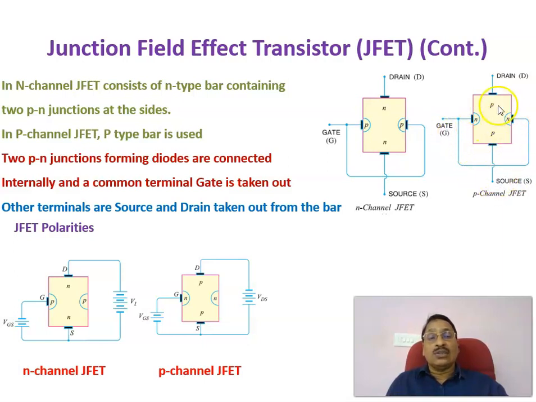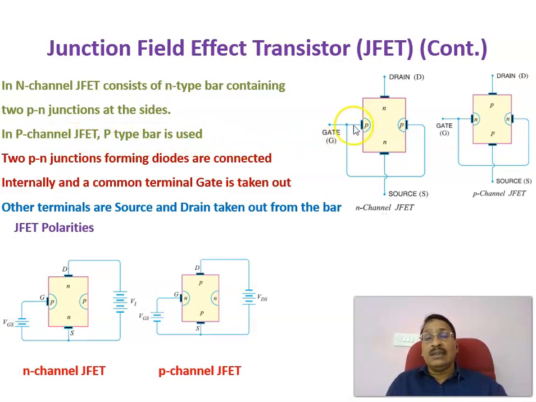Similarly, this is called the source and this is called the drain. So this is an N channel JFET and this is a P channel JFET. An N channel JFET consists of an N type bar containing two PN junctions at the sides. Therefore, P type material is diffused and the two PN junctions are formed here. And in P channel, it is just the reverse.